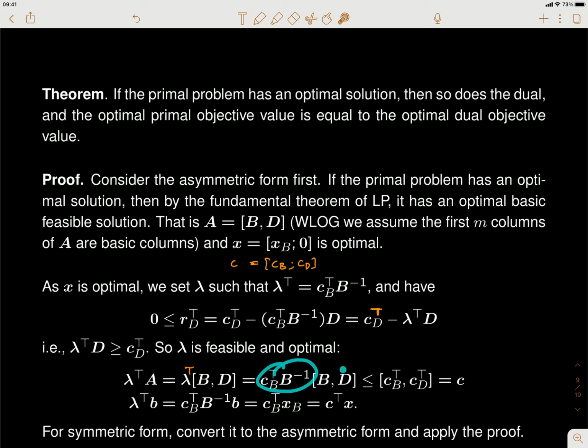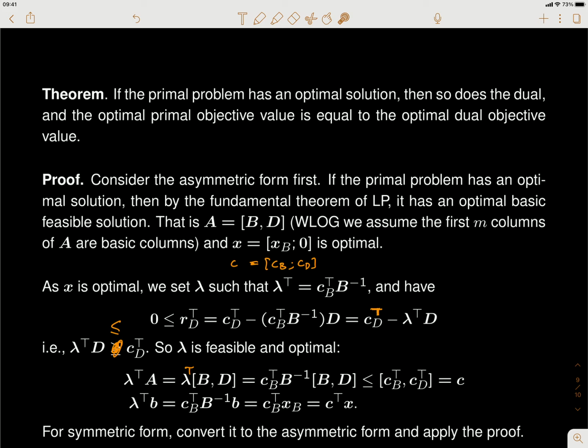And when I multiply this by D, this is lambda transpose times D, which is less than or equal to C_D. Sorry, this should be less than or equal to C_D, because when I move this to this side, I have C_D greater than or equal to that. So that's why when I multiply this by D, it's less than or equal to that. And then this is equal to the C vector itself.